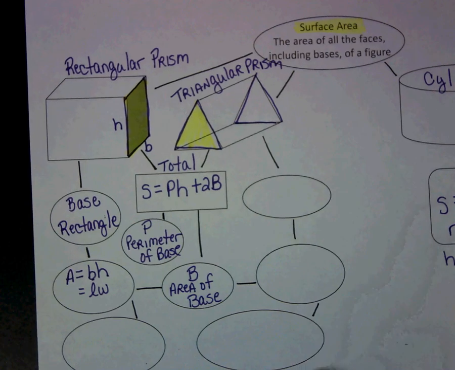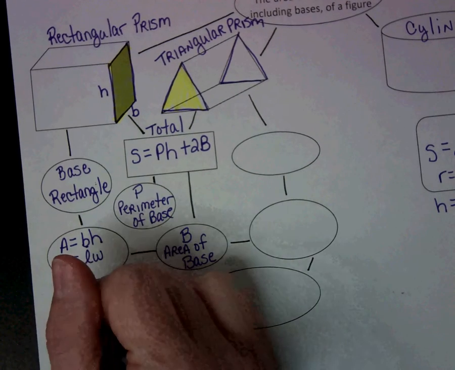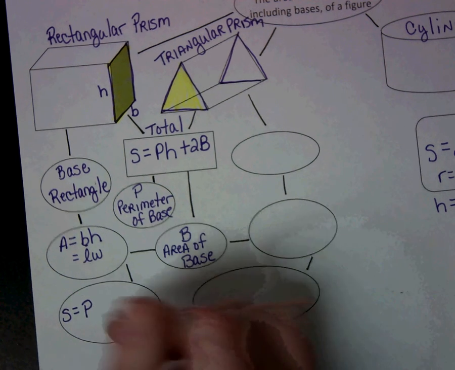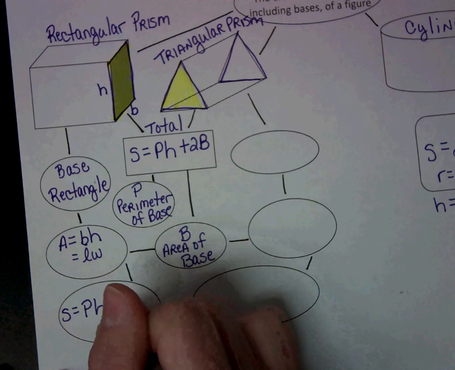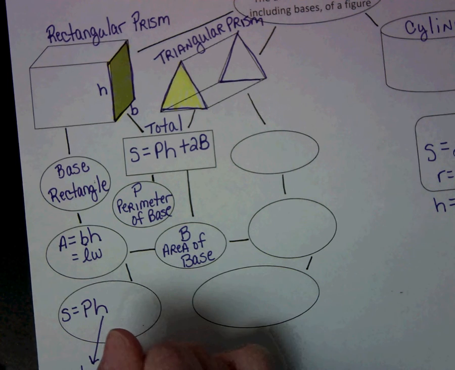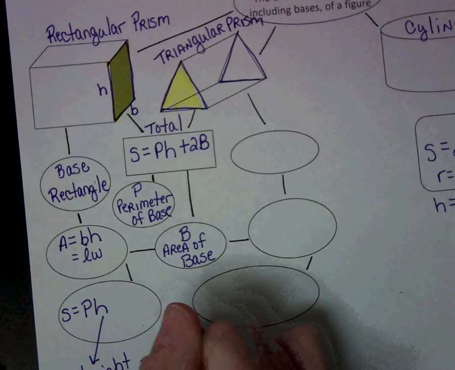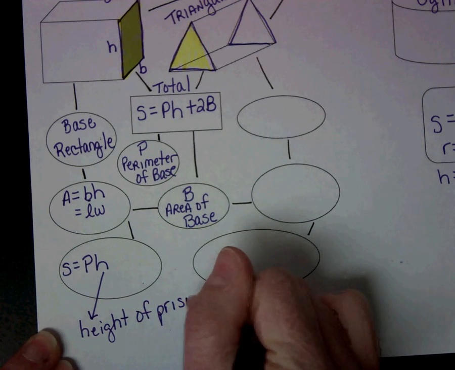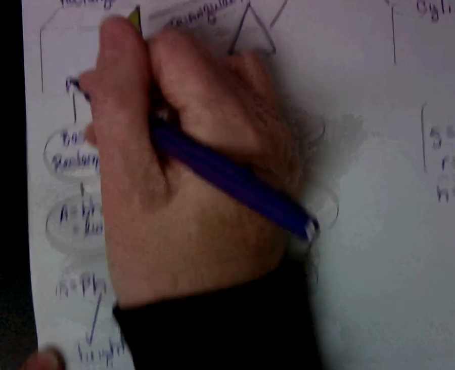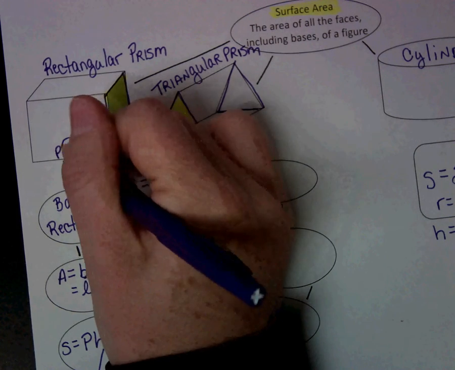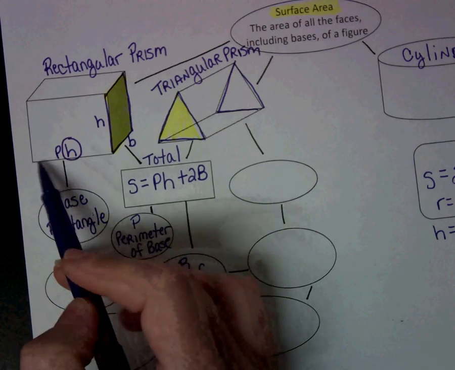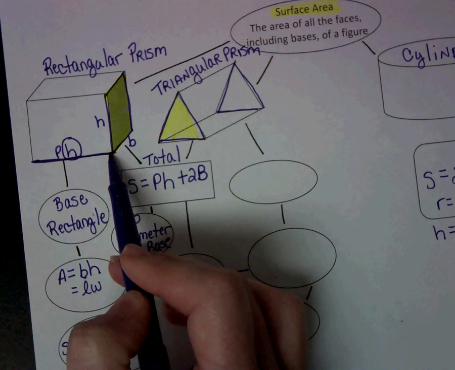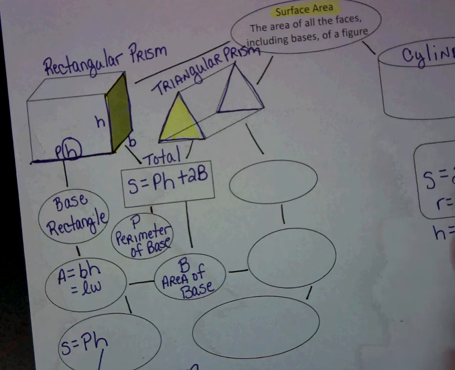So when we go to find our total surface area, we have to think the perimeter of the base times the height of the prism. That's where it gets a little bit tricky. The height of the prism from base to base. So I'm going to put a P H right here and circle the H so that you know here to here would be the height of the prism from base to base.